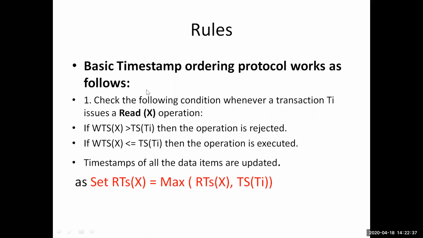What you have to remember over here is, for read, we are going to check only one condition, that is write timestamp of X, whether it is greater than the timestamp of that transaction or not. If it is true, roll back. If it is false, execute the operation and set the read timestamp to the maximum of read timestamp of X, comma, transaction timestamp.